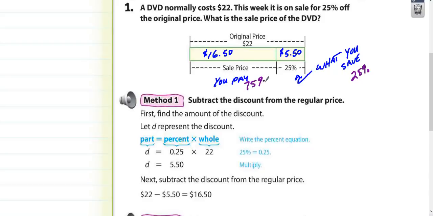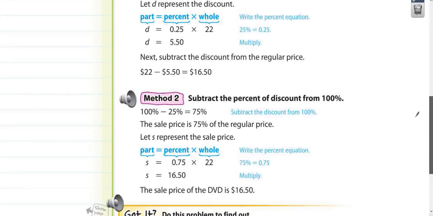Then you pay 75%. And you get that 75% because that is the 100% minus the 25%. This 100 is the regular price. And this 25% is the discount. And that's what they do in method 2.